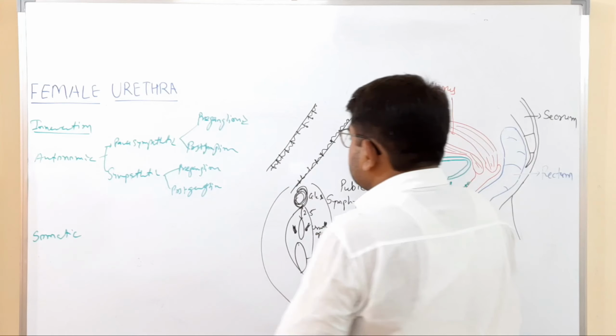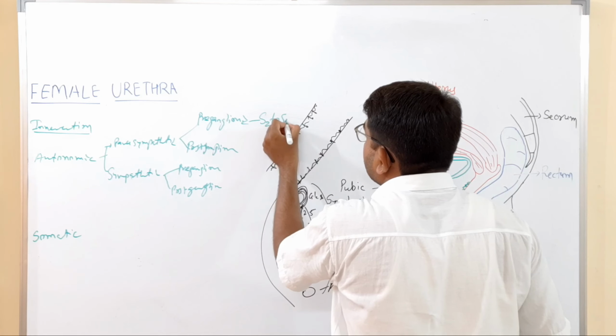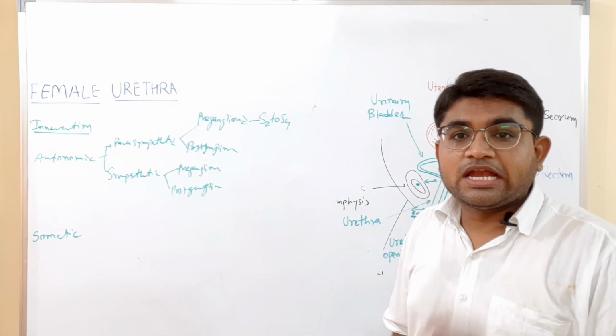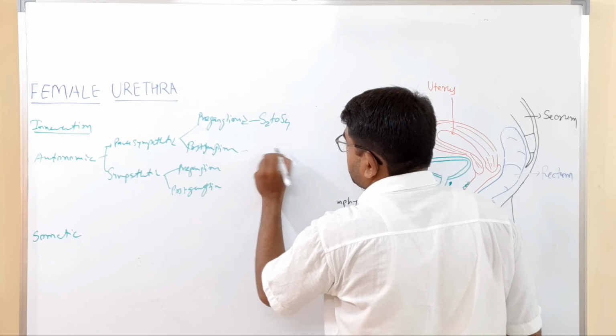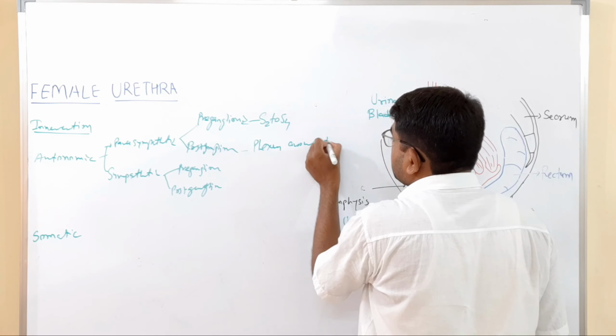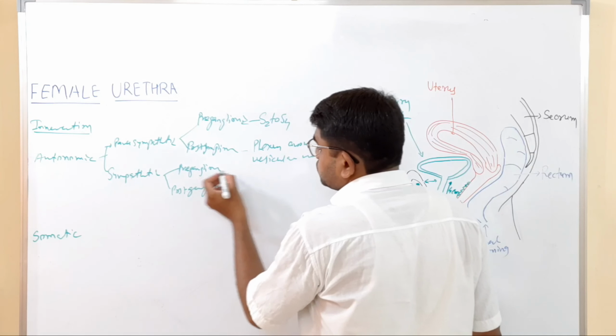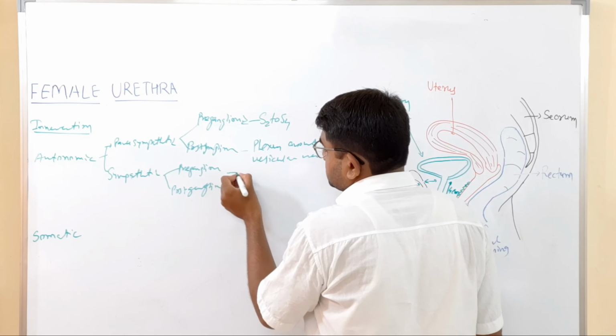The preganglionic neurons start from S2 to S4 and run along with the pelvic splanchnic nerves, and the postganglionic fibers arise from the plexus around the vesicular veins, okay.